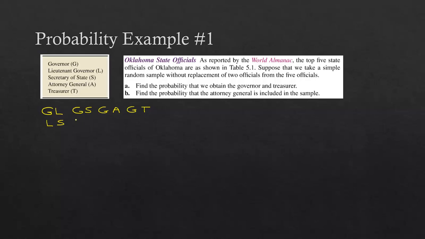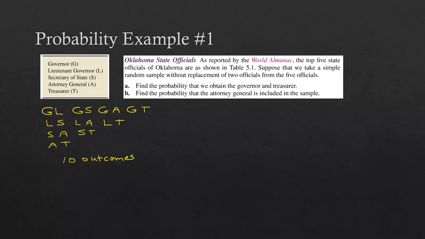I can have an LA, an LT, an SA, an ST and an AT. If you count all those up together, that's 4 and 3 and 3, so that's 10. So for this particular set, we have 10 outcomes that we can use.